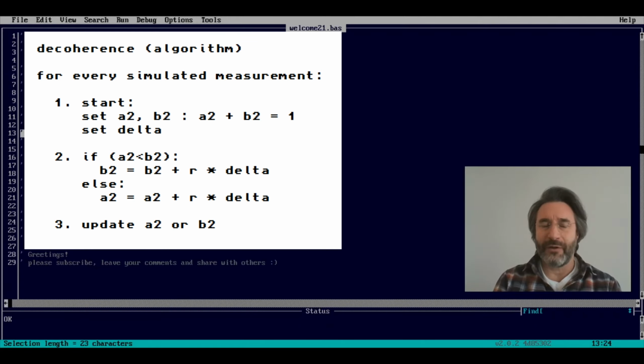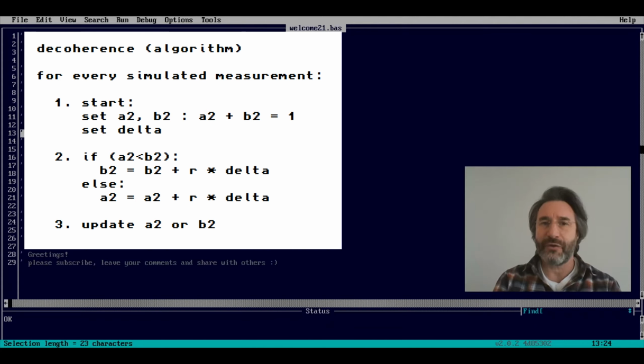This algorithm will essentially mimic the effects of decoherence without going into physical details. So we just want to have something heuristic that can show us the presence of decoherence so that we can actually play with it and see what the effects of this decoherence are in practical measurements.